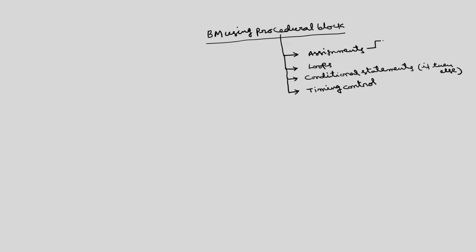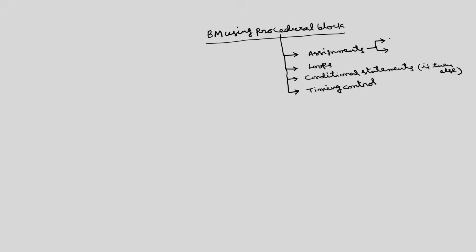Again in the assignments, we have two types of procedural assignments, which we discussed in the basics of Verilog. This can be blocking or non-blocking. In blocking normally we will use this operator, in non-blocking we will use this operator. In case of blocking, as the name implies, the execution of one statement blocks the execution of the other statement.